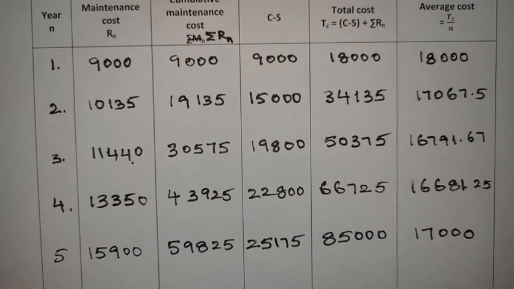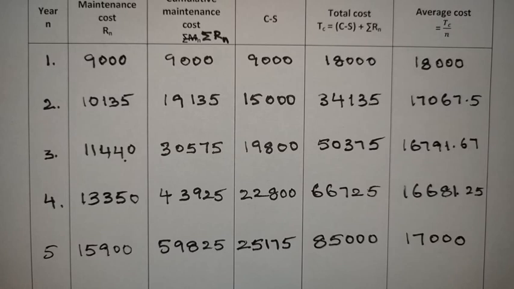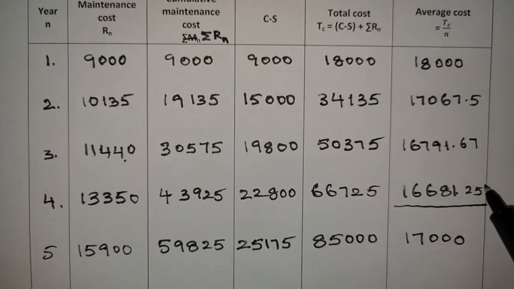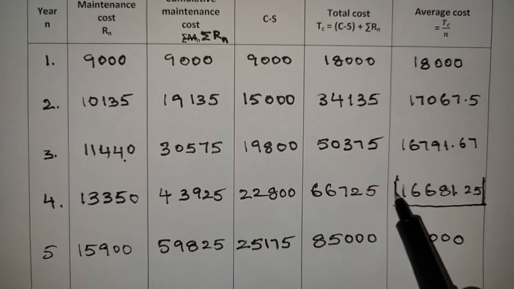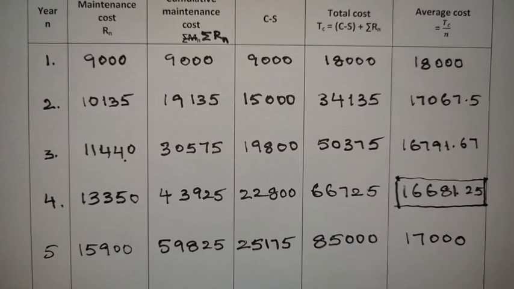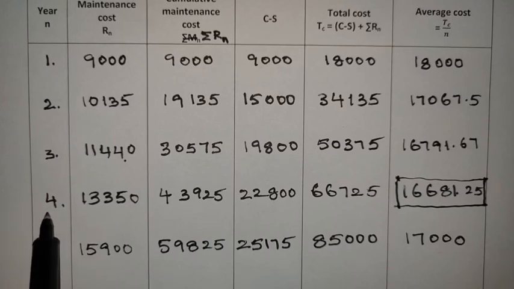Now here also, if you observe, the average cost value goes on decreasing, but in the fifth year it increased. So what is the minimum cost value? 16,681. So when should the machine be replaced? The machine should be replaced at the end of the fourth year.